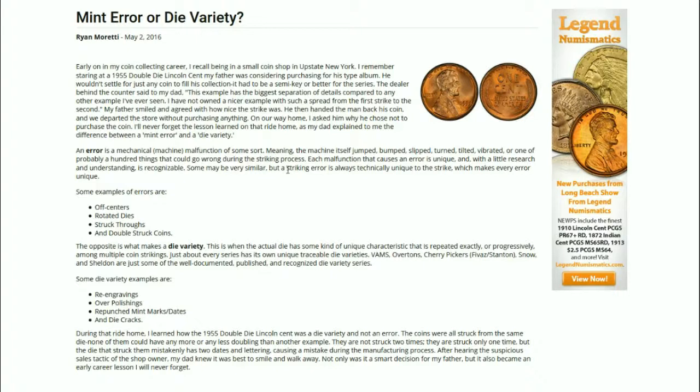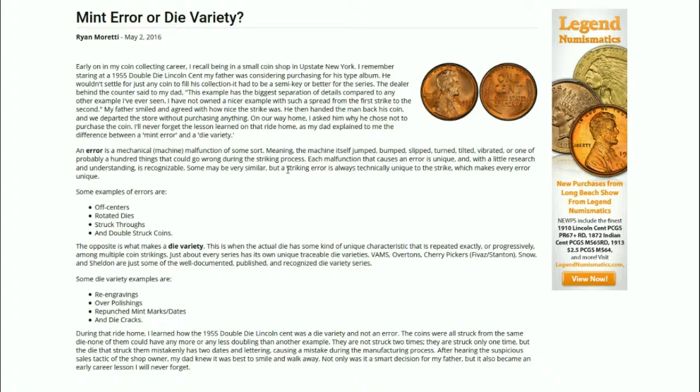An error is a mechanical machine malfunction of some sort, meaning the machine itself caused some unintended problems in the piece that it created, such as an off-center strike, a rotated die, and a strike through. Whereas a die variety has some kind of unique characteristic that is repeated exactly and progressively among multiple coin strikings.